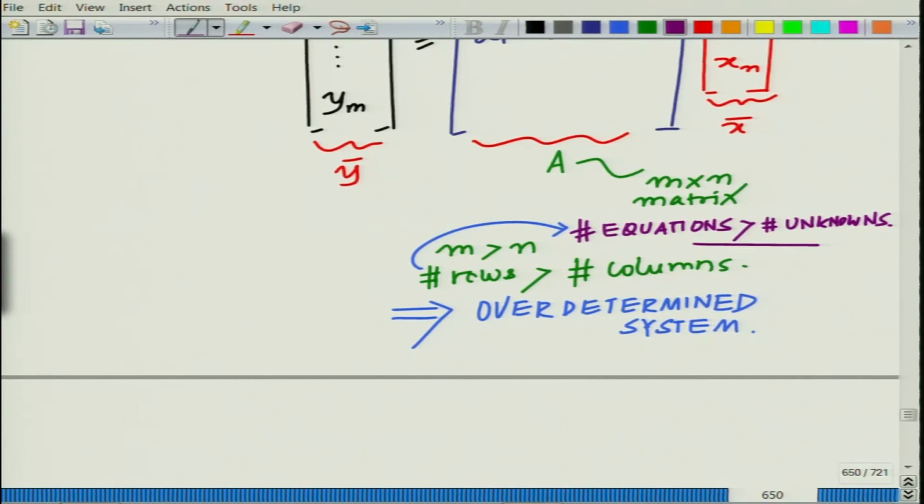This is an over determined system, and also since the number of rows is greater than the number of columns in A, informally, colloquially, this is also known as a tall matrix, right.